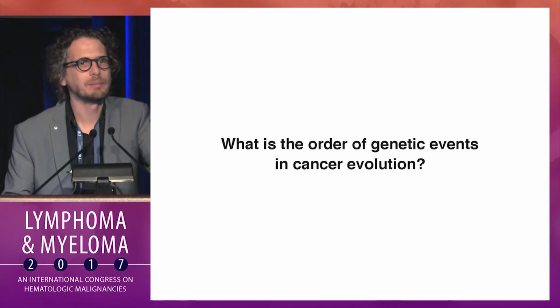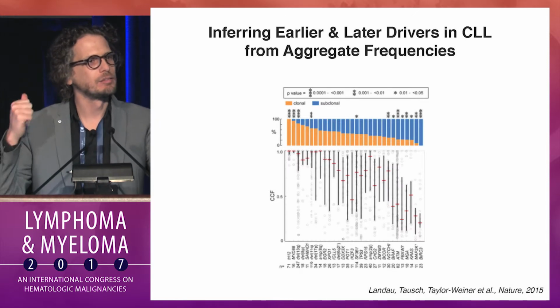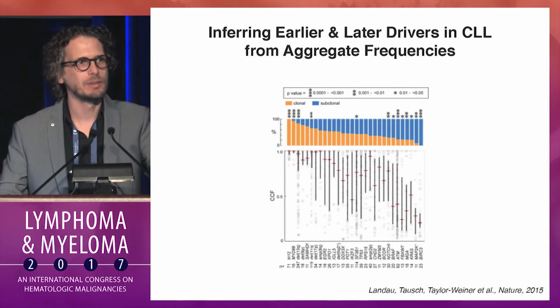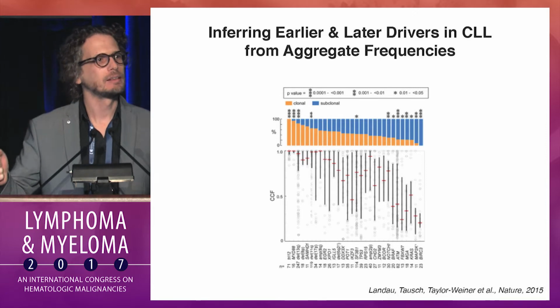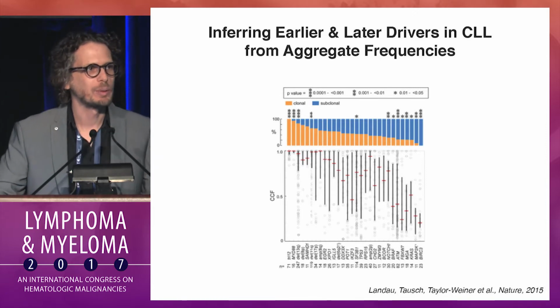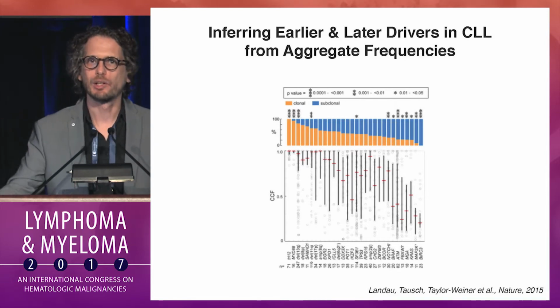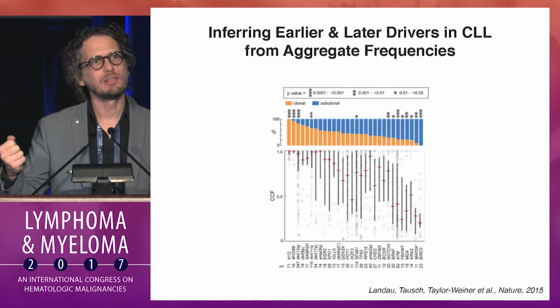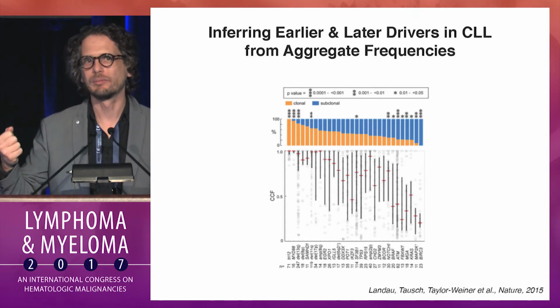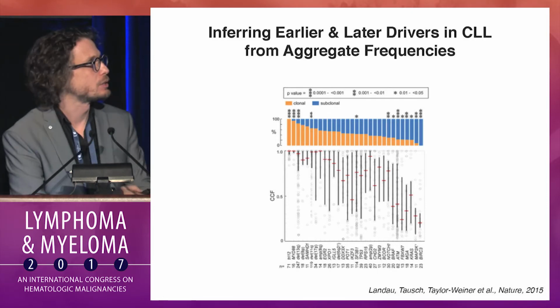Once we have that type of insight, we can then try and dissect the evolutionary history of the disease. We can ask what event comes first and what comes later when we look at cohorts of patients. For that, we look at large cohorts of patients that undergo whole exome sequencing, and we try to see which mutations are commonly seen as clonal, meaning that they're in all cells of the population.